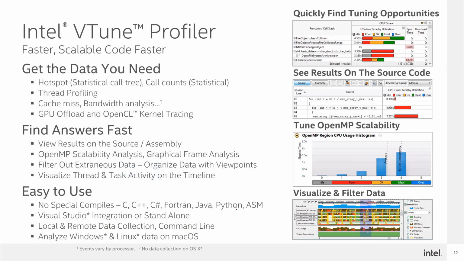So just another overview window. I think we can keep this short. Here is something about OpenMP scalability, and you can build diagrams about the time spent in different levels of parallelism. So if you have 4 threads working in parallel, it measures the time when 4 threads are running in parallel and so forth.